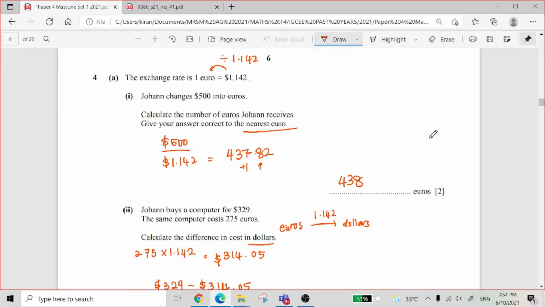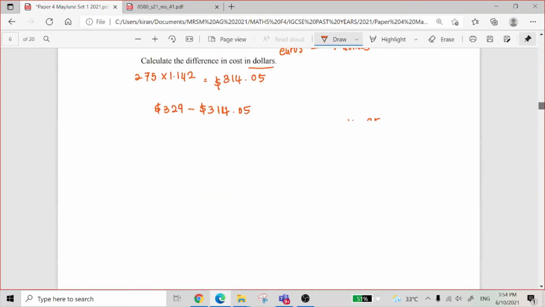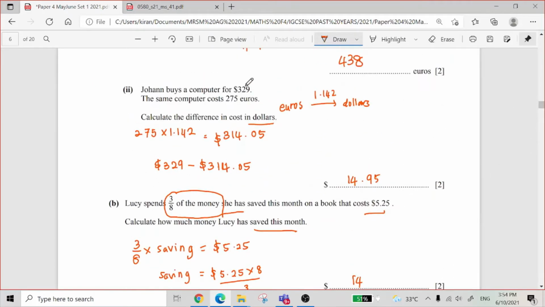Okay, Johan buys a computer for $329. The same computer costs €275. Calculate the difference in cost in dollars. Now we want to convert from euros to dollars, so we have to multiply by 1.142.